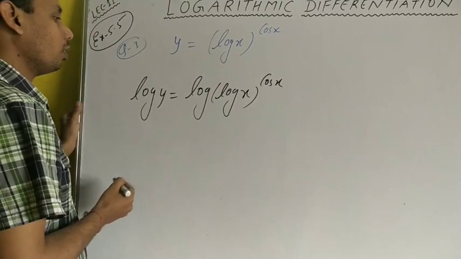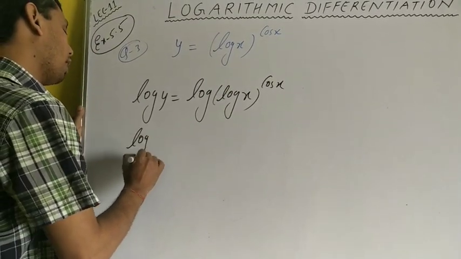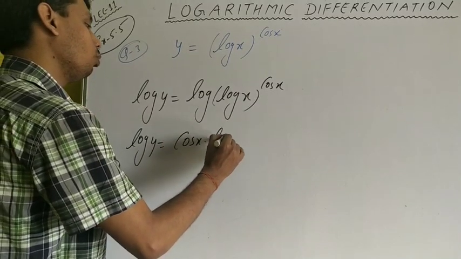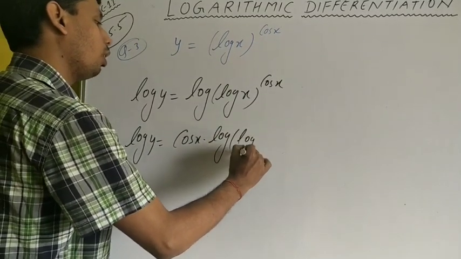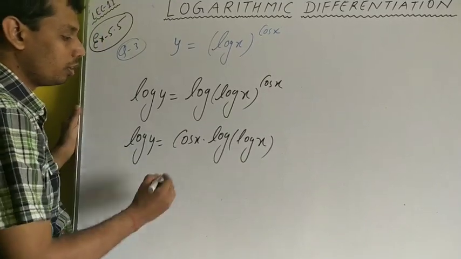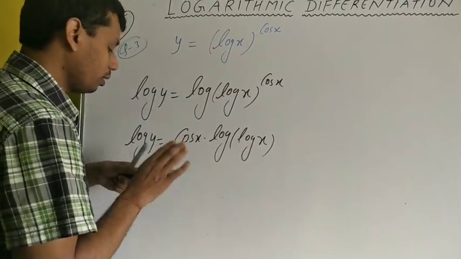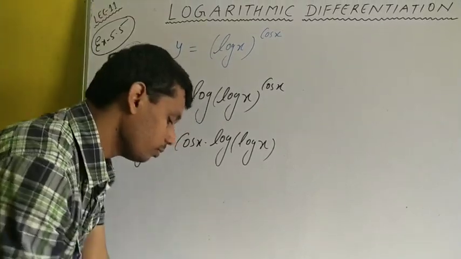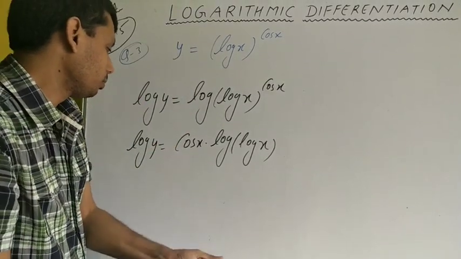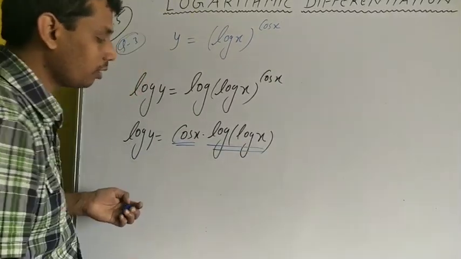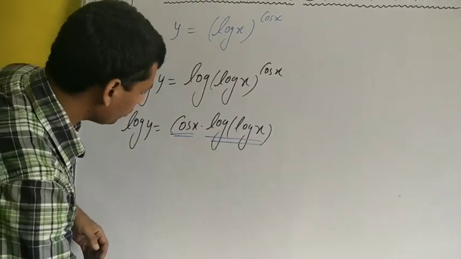Now this log y is equal to cos x into log of log x. Now see, this cos x is one function, and log of log x is another function. So this is in the form of what?